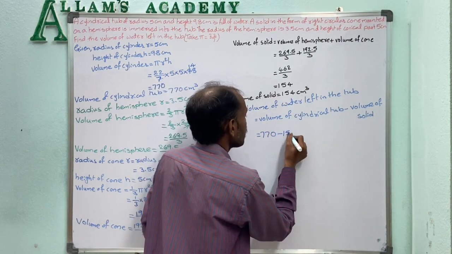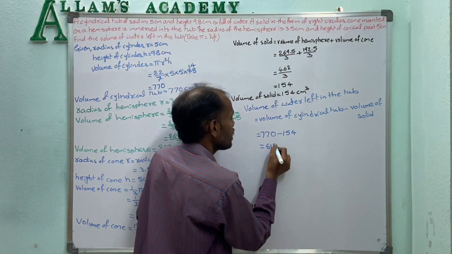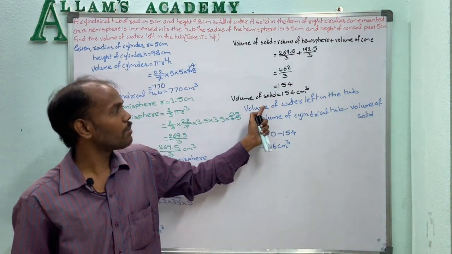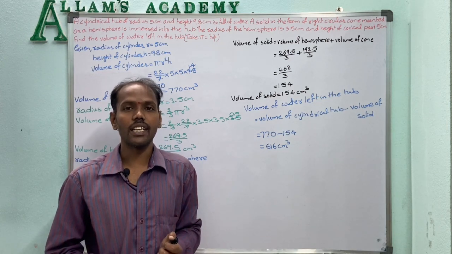So 770 minus 154 is equal to 616 centimeter cube. Now it is the volume of water left in the tub equal to 616 centimeter cube.